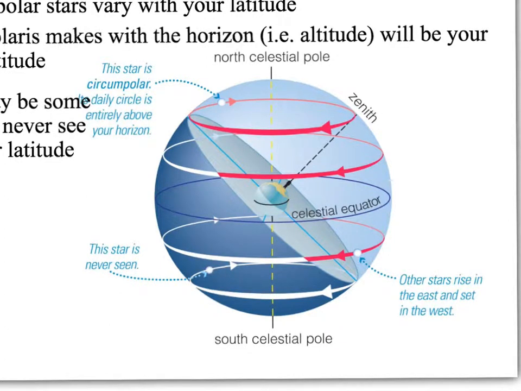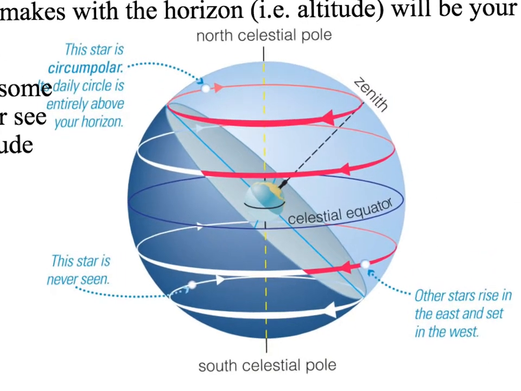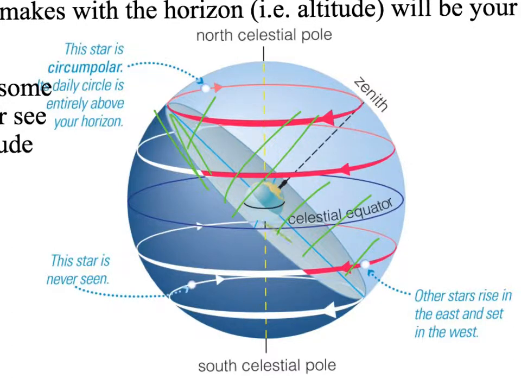Okay. So here we have a person standing in, it looks to me like North America. Kind of hard to tell. But you can see here, let me choose a different color. I'll choose green. Okay, this is that person's local sky. This is his or her horizon. That's their zenith.